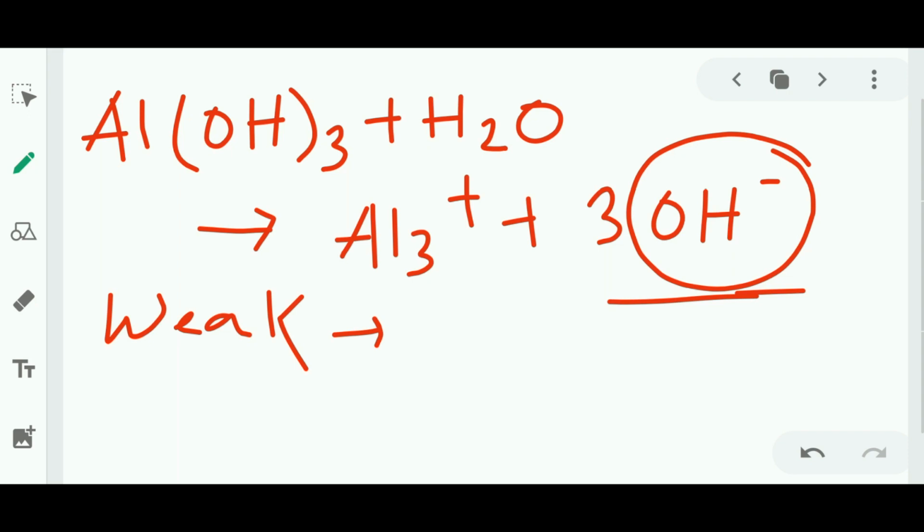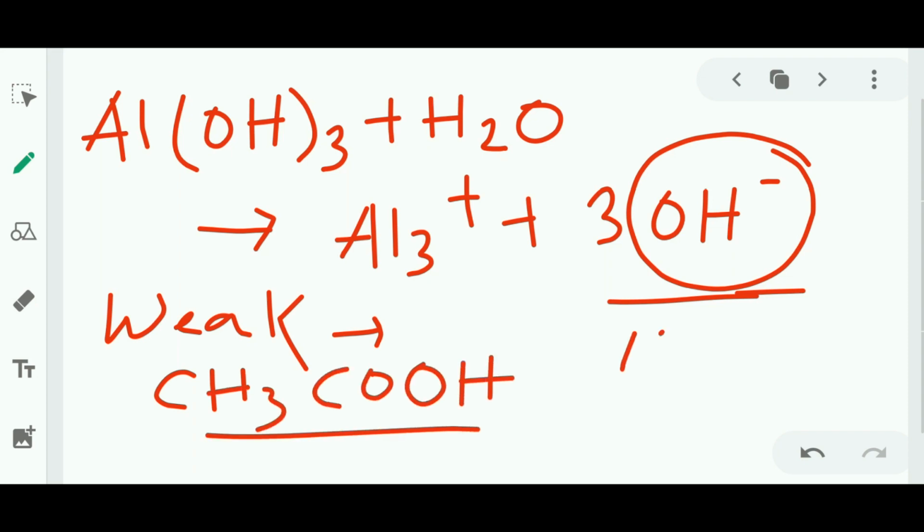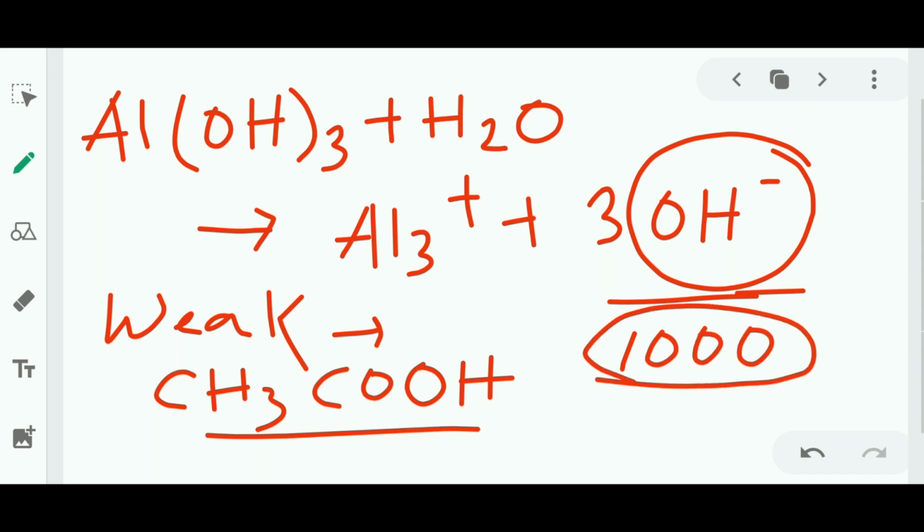In the case of this acid, suppose 1000 molecules are there. Out of 1000 molecules, only 200 or so dissociate. So a lesser amount of molecules dissociate. It doesn't dissociate fully, complete ionization doesn't happen. So that's why this is known as a weak acid.